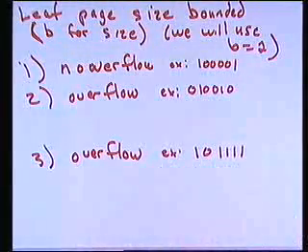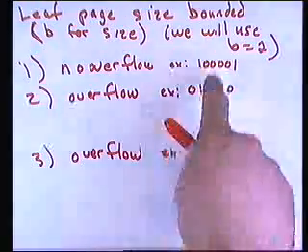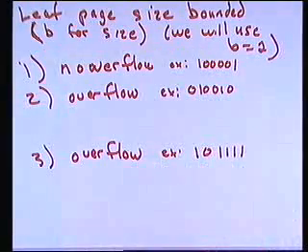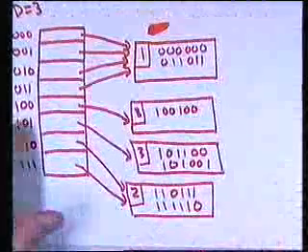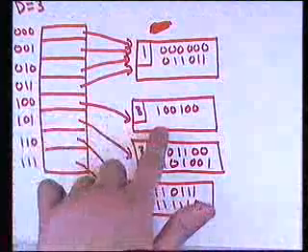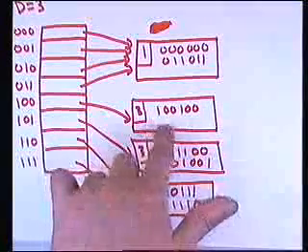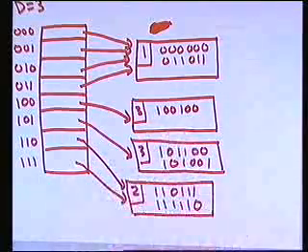And now we have 100001. Now we get the 3-bit prefix of that string, because our table depth was 3. The 3-bit prefix is 100. Find 100 in the table, follow that pointer to the leaf page node, and then insert the string 100001 right inside this node.